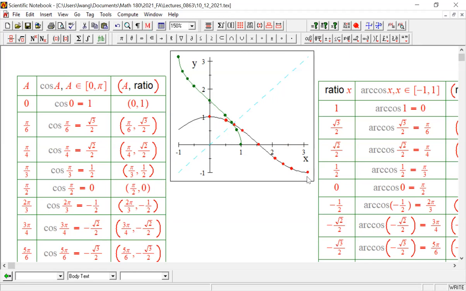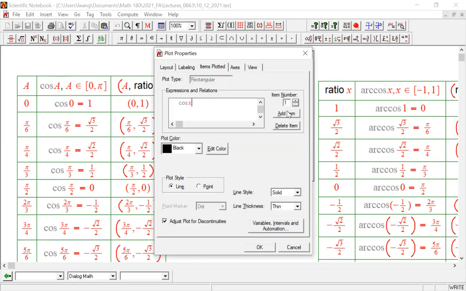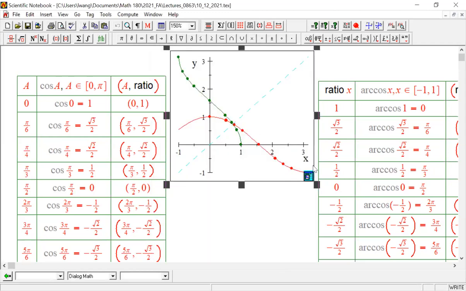Let me just change that color to red. The cosine curve is red. We're crossing out these pieces because we only look at from 0 to pi.